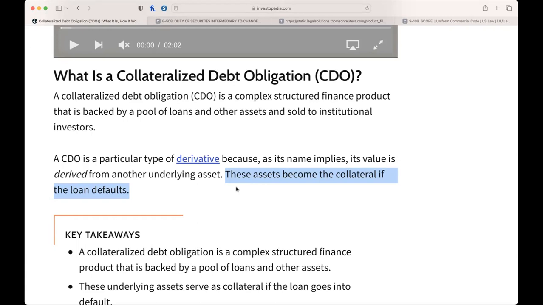But yeah, these assets become the collateral if the loan defaults. That sentence in itself is so powerful in getting remedy because it proves again, how could they use the car, the house as collateral for the loan if the loan defaults?